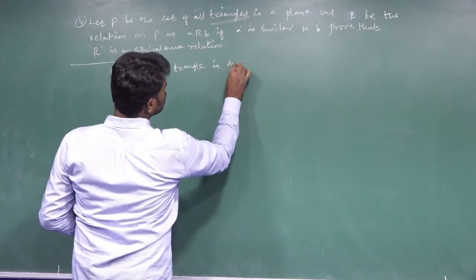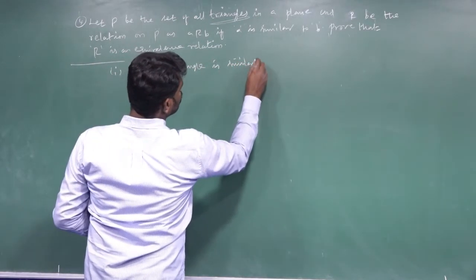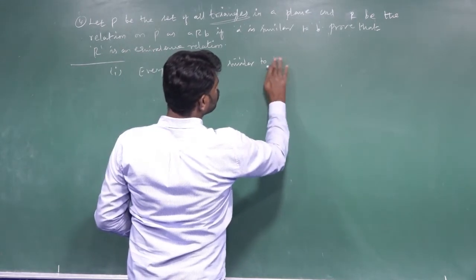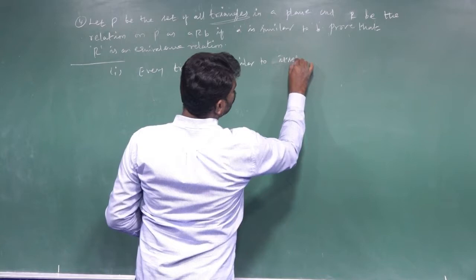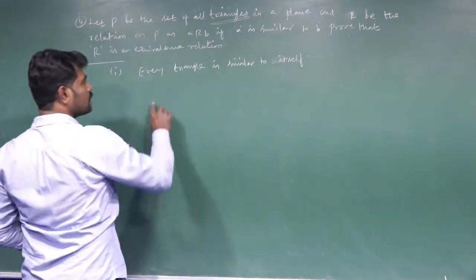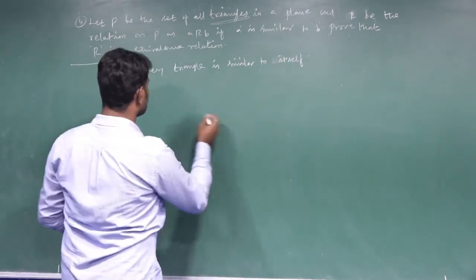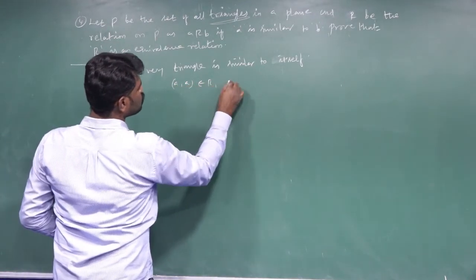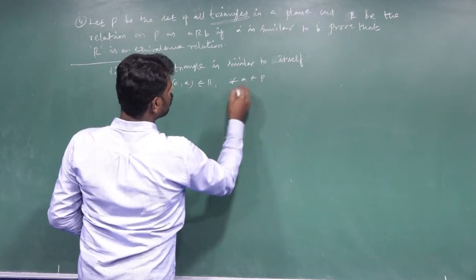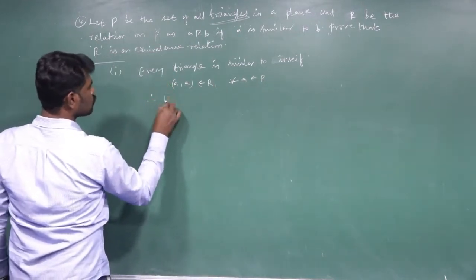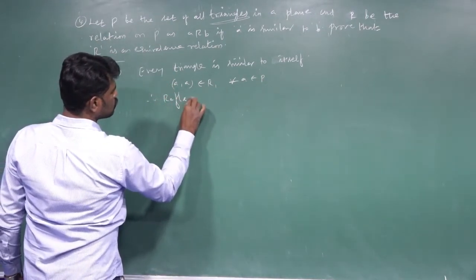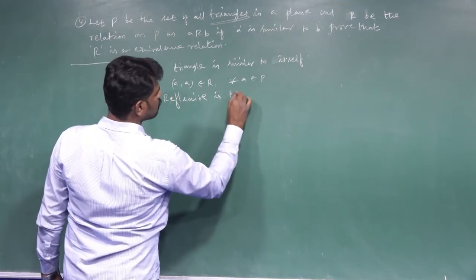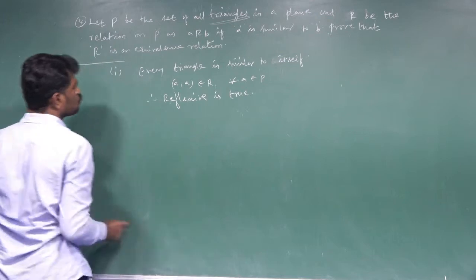Every triangle is similar to itself. So A comma A belongs to R for every A. Therefore, reflexive is true.